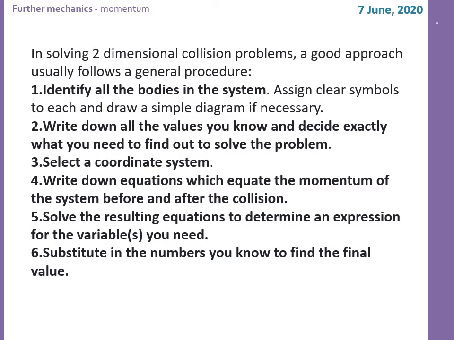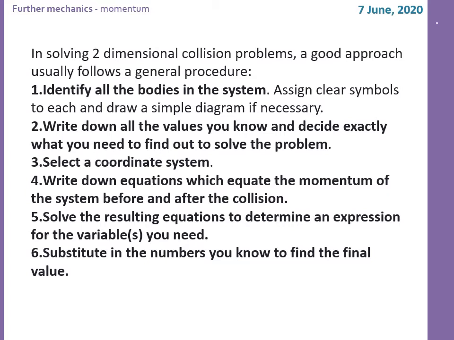The second step is to write down all the values you know and decide exactly what you need to find out to solve the problem, like we do in given data, what we already know and what we have to find. Number 3, select a coordinate system, which is the x-axis and y-axis.